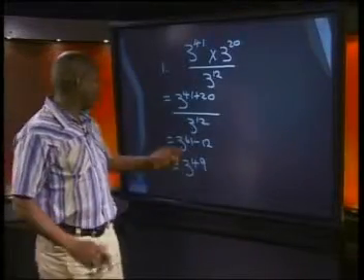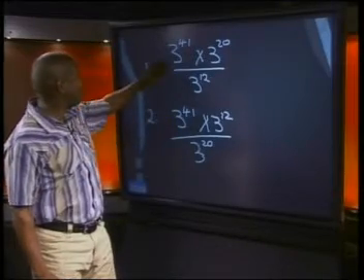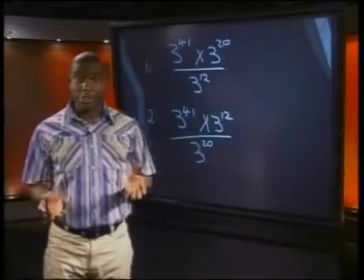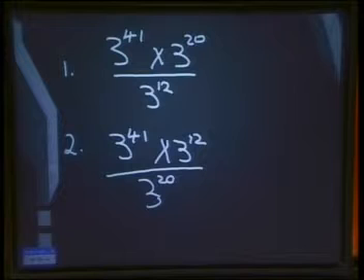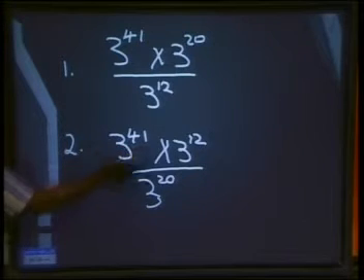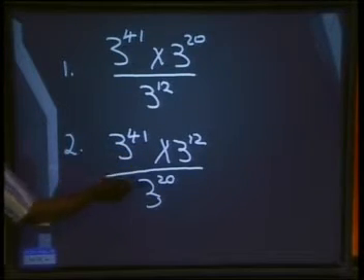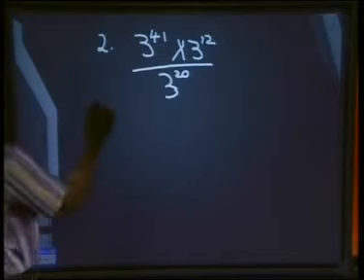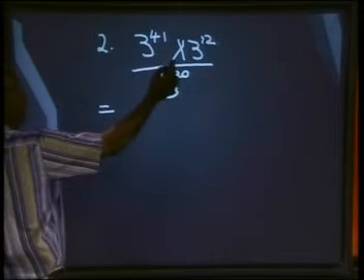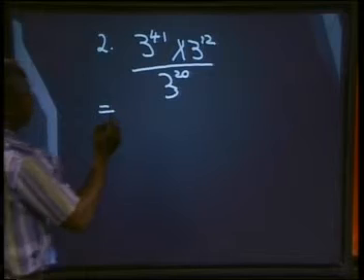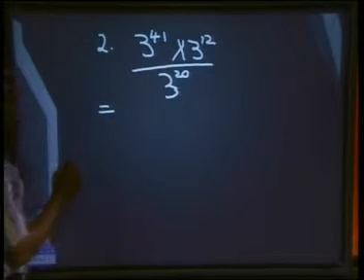Our second example is different from the previous one. Can you see the difference? Look where your operations are this time, your multiplication and your division. Right. This time we're multiplying with 3 to the power of 12 instead of dividing with 3 to the power of 12.